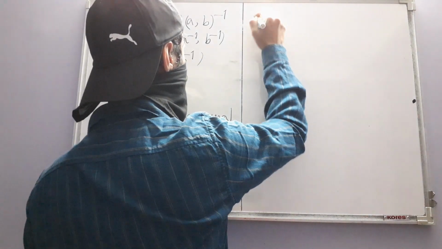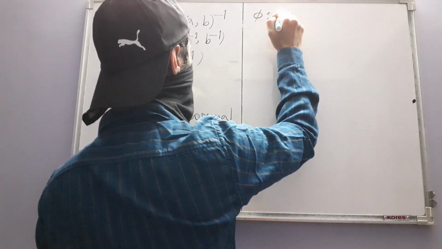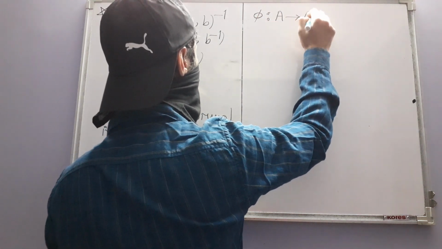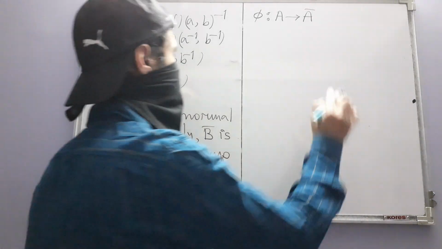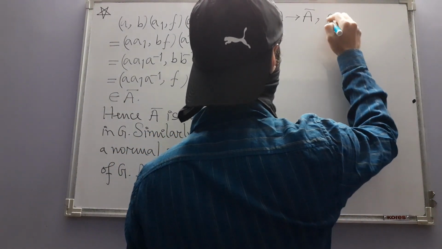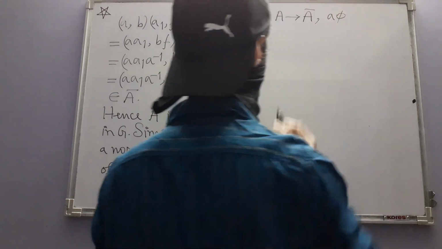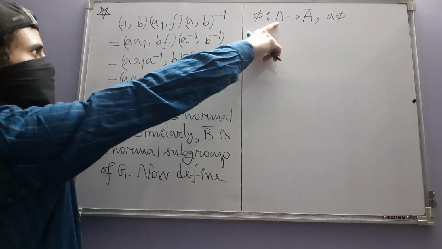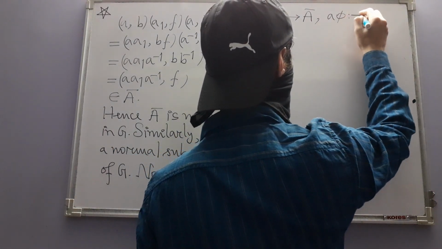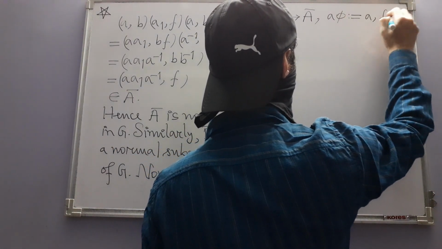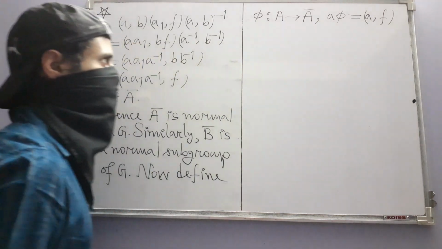We define the function phi from A into A bar, and our definition is just this. The image of the element small a, which of course is coming from capital A, is the ordered pair (a, F).